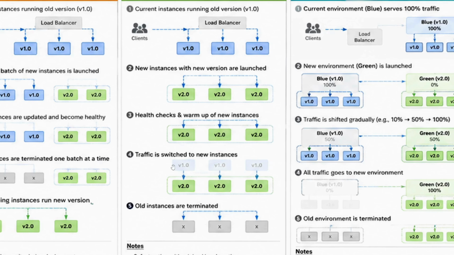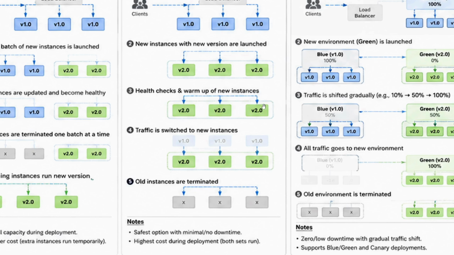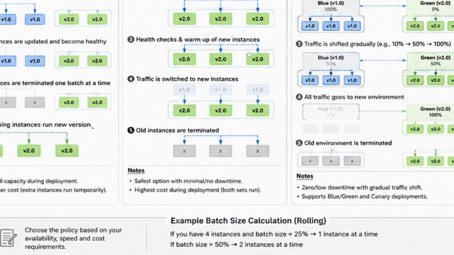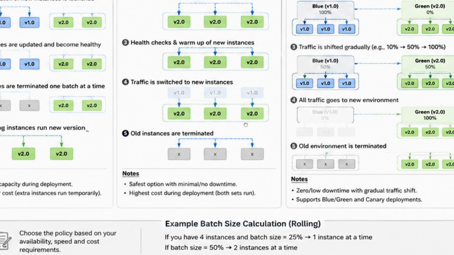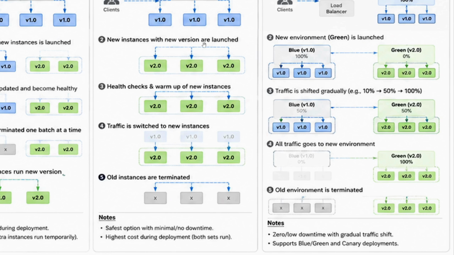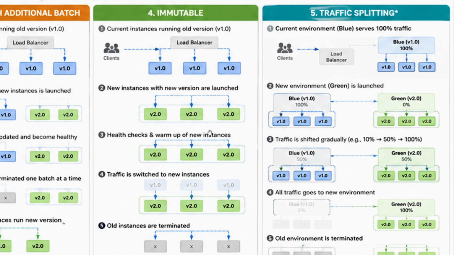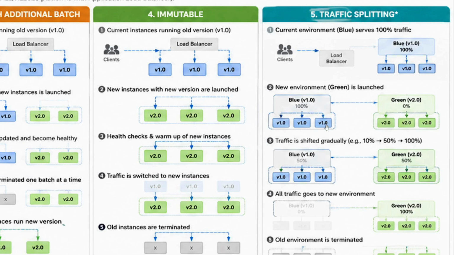Once this is perfect and you say it is fine, it will switch the traffic to the new ones, and the old instances are terminated. This is called immutable. It is the safest option with minimum downtime but very high cost. These are entire sets running. If you have 10 instances, it will create 10 new instances with the new version. That's the thing with immutable.